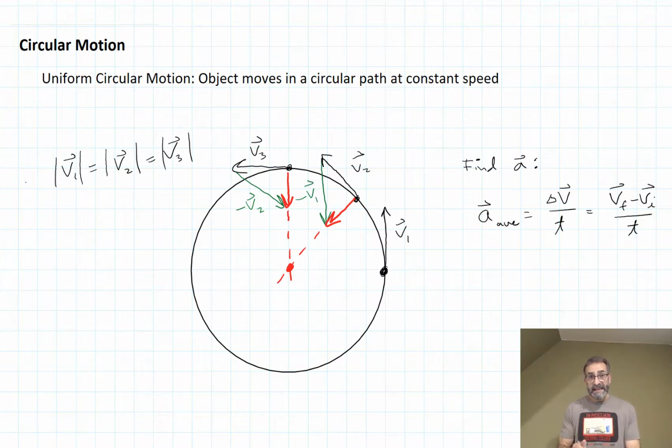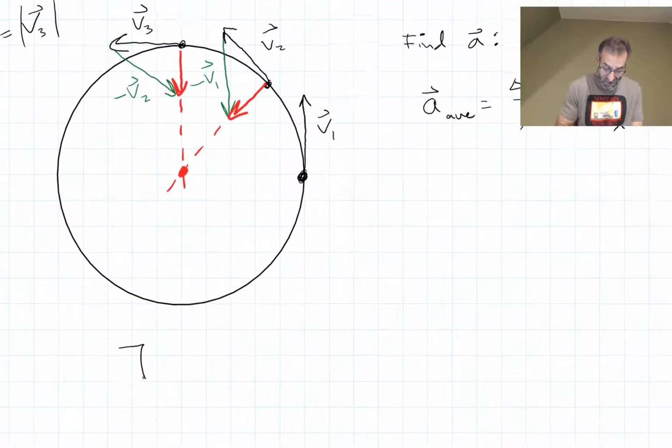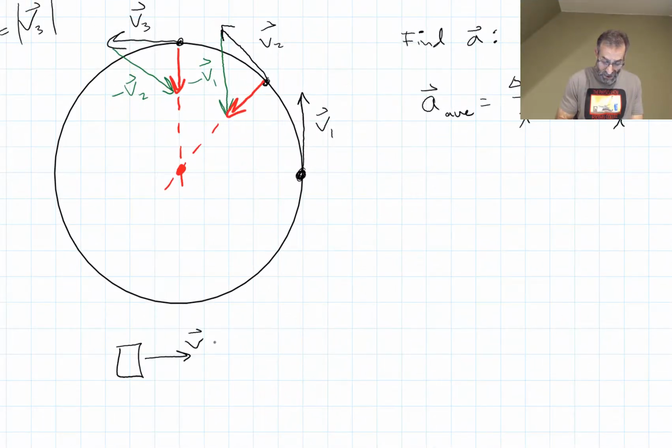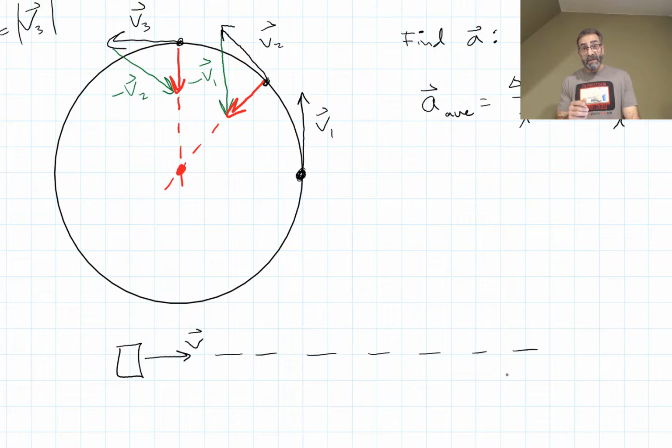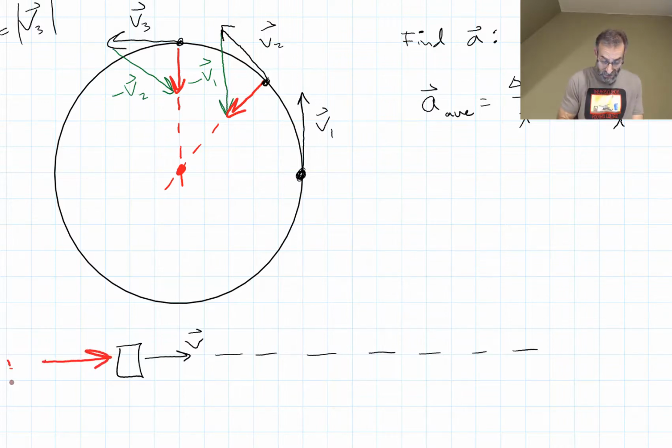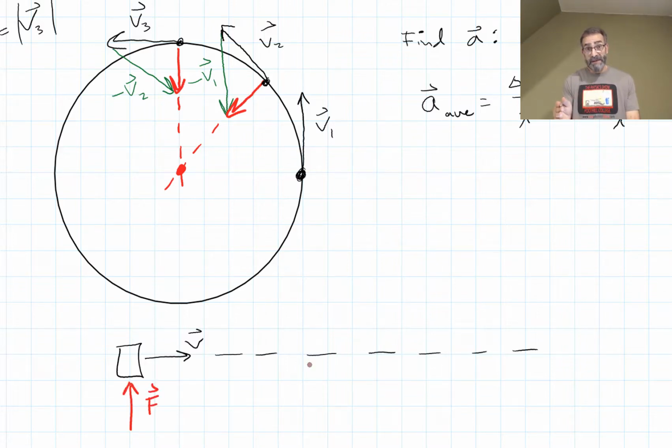And this makes sense because if I have an object moving in a straight line, and I want to change the speed of the object, I have to apply a force in the direction of motion or opposite the direction of motion to change the speed of that object. If I want to change the direction it's moving, I have to apply a force perpendicular to the direction of the object to change its direction of motion.